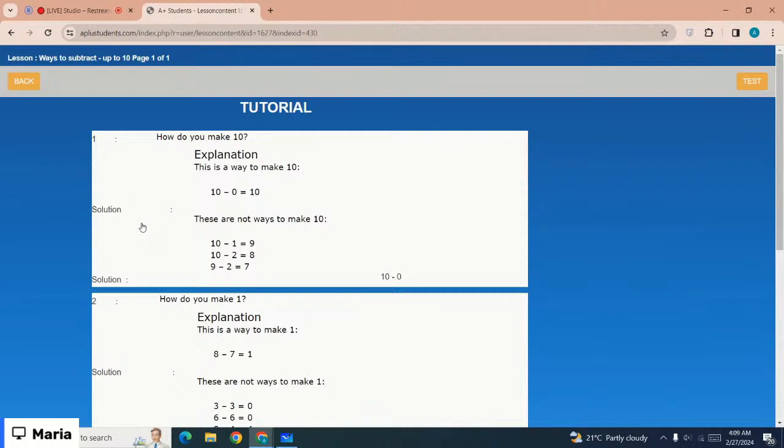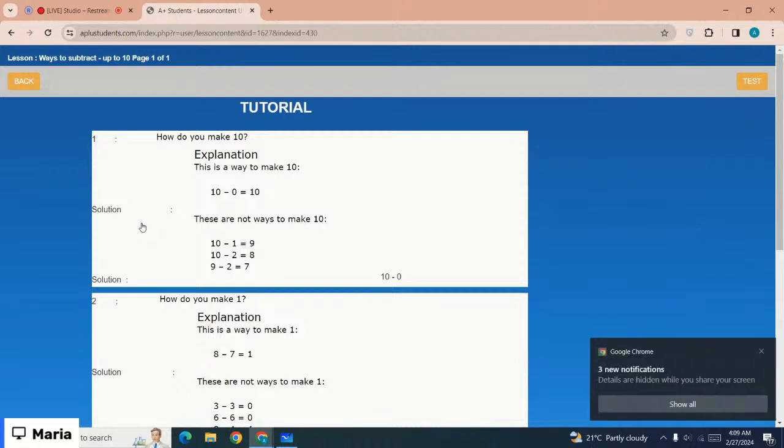They are 10 take away 0 is 10, 10 take away 1 is 9, 10 take away 2 is 8, and 9 take away 2 is 7. You need to select the one that makes 10. So the correct option is 10 take away 0 equals 10, right?